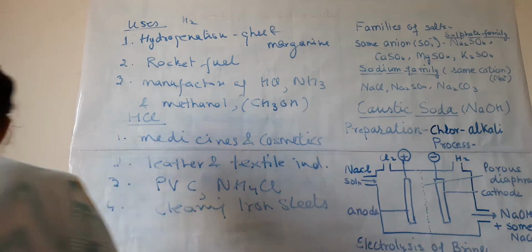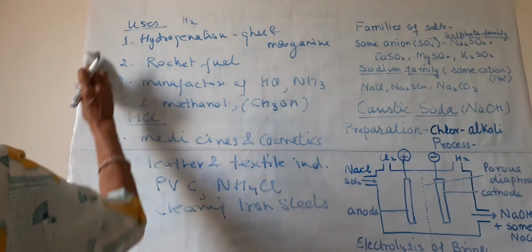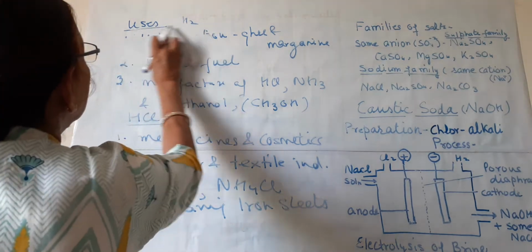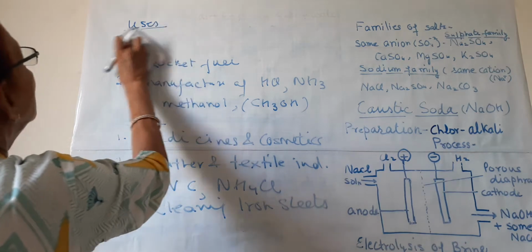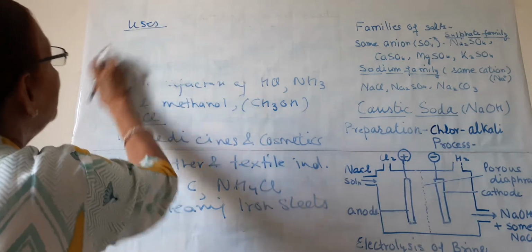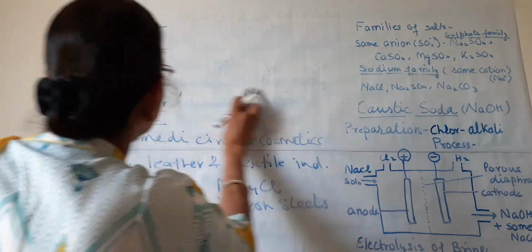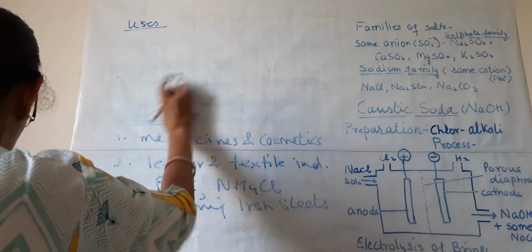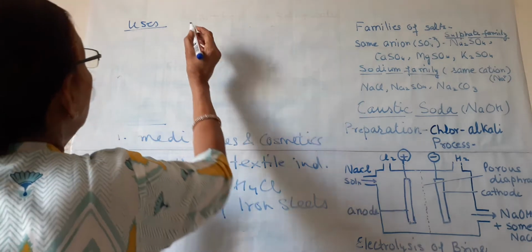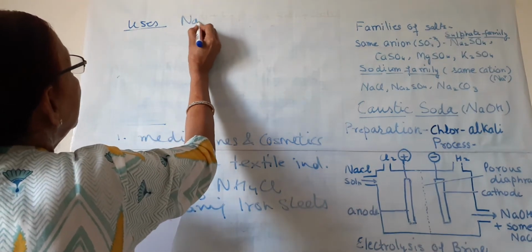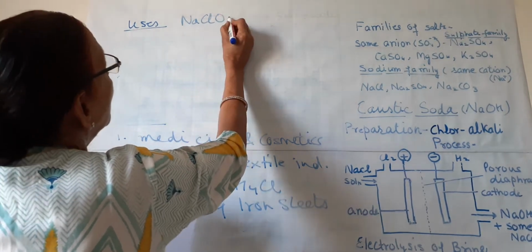So these are some of the uses, and the next byproduct is NaClO. NaClO is a bleaching compound or bleach, and its name is sodium hypochlorite, NaClO.